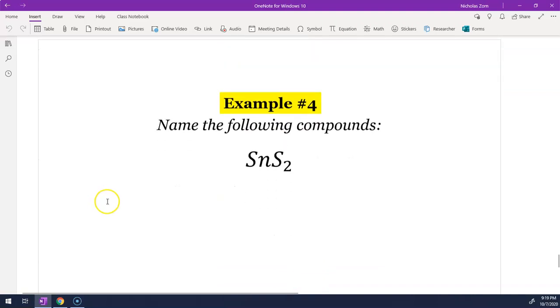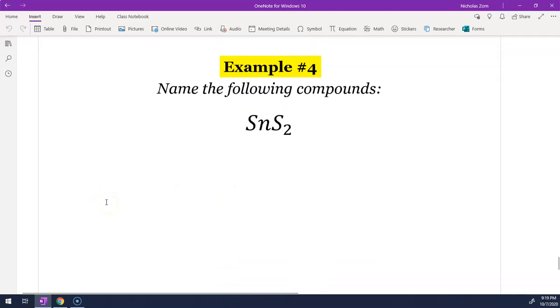All right, we got one more here. Name the following compound. We have Sn and then S2. Sn is tin. Tin is a transition metal. And then we have sulfur. Sulfur by itself has a charge of -2, but there's 2 of them.